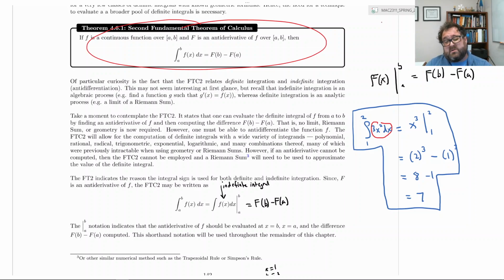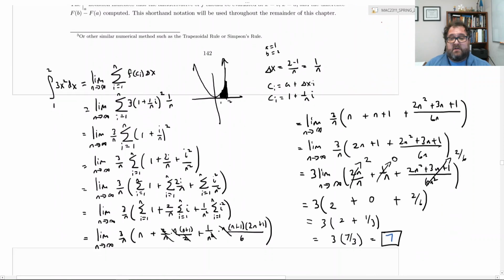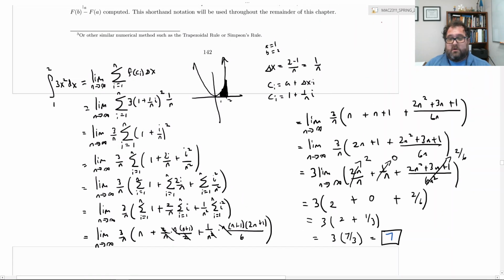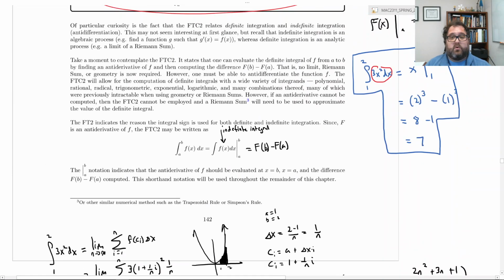But here, 3x squared had a super easy antiderivative, and so that's why this went so fast. So, the second fundamental theorem of calculus is awesome. It allows us to replace a whole page worth of work with a couple quick lines of work to produce the exact same result. Okay?